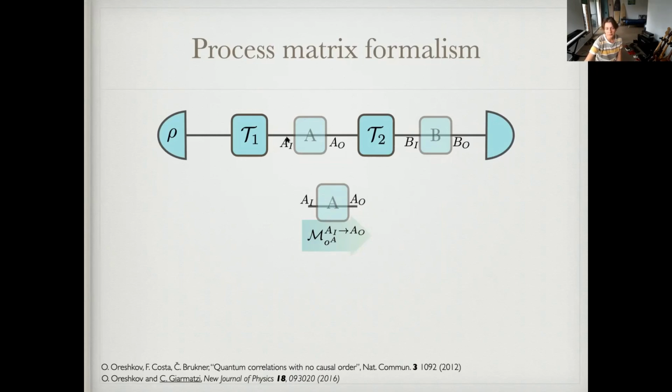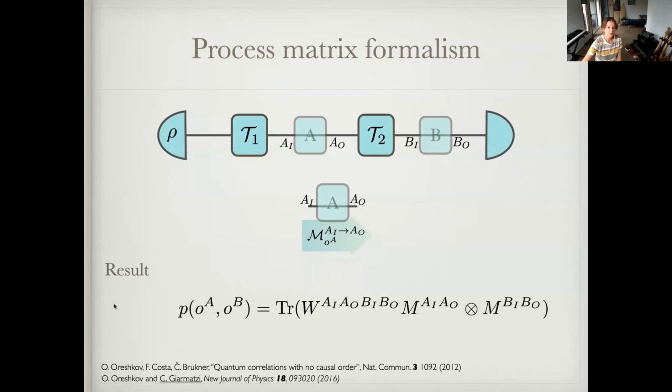So this transformation from the input to the output system is defined by this map, and that has a tag of the outcome. The result of the original paper is that the joint probabilities of the local outcomes of the maps that A and B are implementing are a function of their operations. Here I have probabilities as a function of the operations that they're doing. This is the Choi matrix of the map that is implemented here.